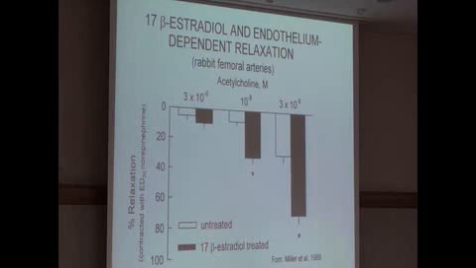In the other group, we reintroduced physiological levels of estrogens. And at this time, all I want you to remember right now, I'll come back to that slide later, but you can see that progressively the female hormone, the major female hormone, is potentiating endothelium-dependent relaxation.